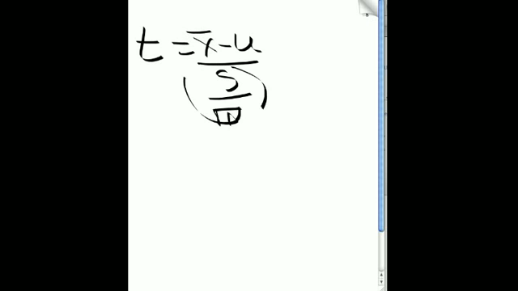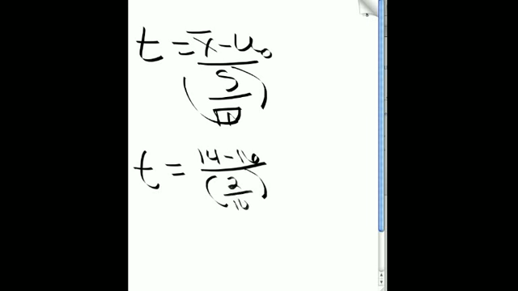For the first part, t is equal to x bar minus mu over s over the square root of n. We have our data, so we know that our average is 14. Our mu naught, our hypothesized mean, is 16. And we know s is 2, and our sample size is 16.